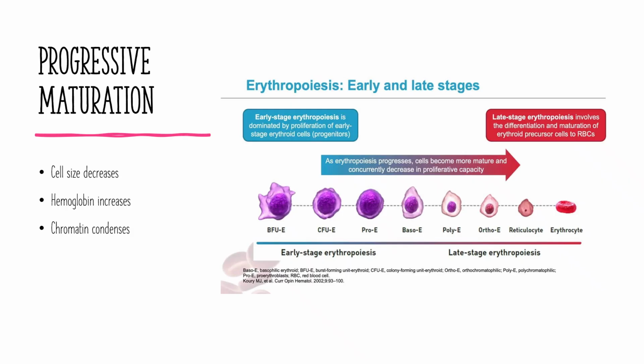From a laboratory perspective, this progression matters because normal maturation is orderly. Healthy marrow shows a smooth developmental spectrum. Disease disrupts that order. Leukemias may freeze cells at immature stages. Nutritional deficiencies may slow maturation. Toxic injury may produce abnormal transitions.